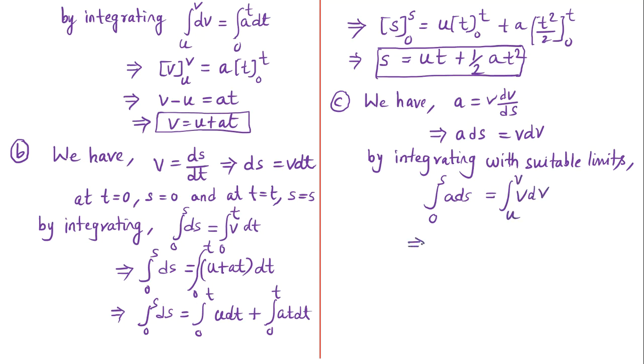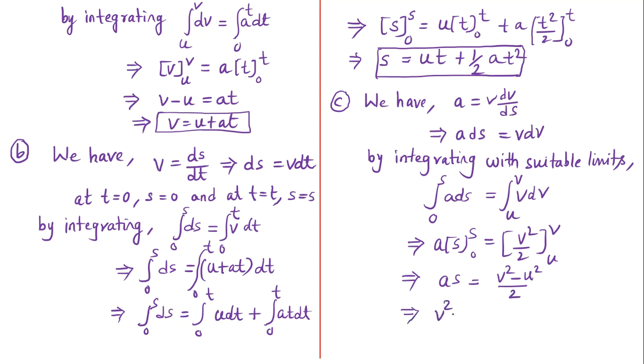Acceleration is constant, integration of ds is s from 0 to s, equal to v dv, which is v square by 2, from u to v. So as equals v square minus u square by 2, which I can write as v square minus u square equal to 2as. This is the third expression for uniformly accelerated motion. Got it?